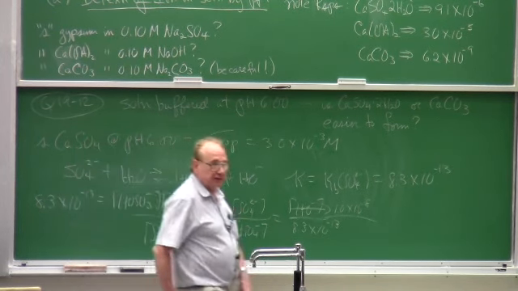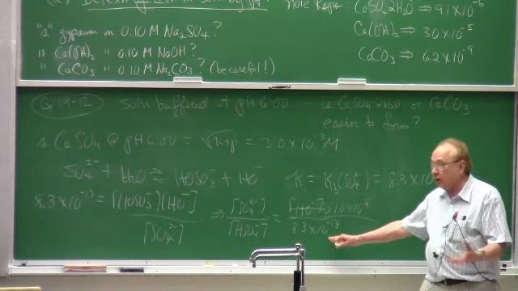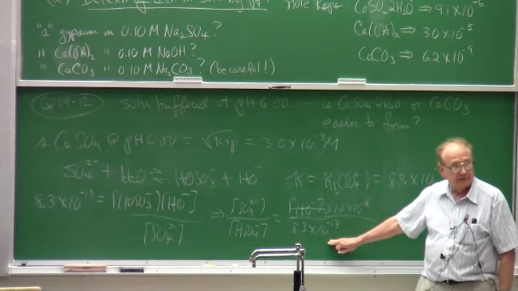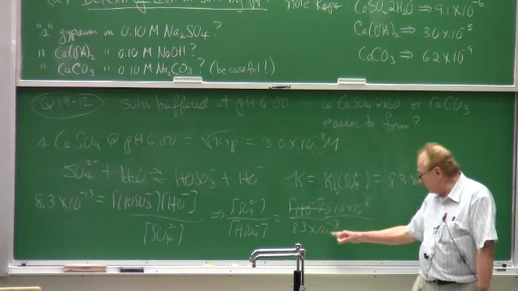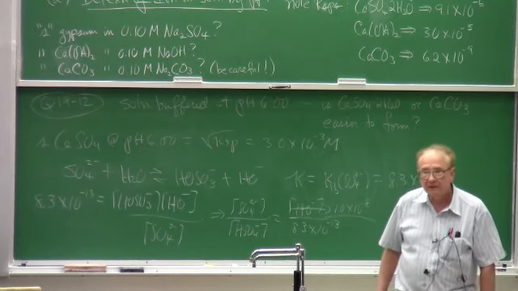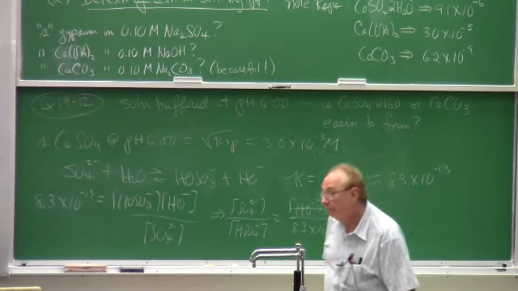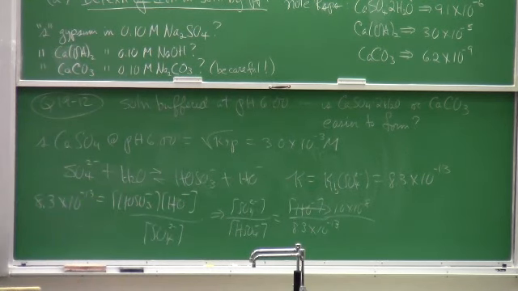Well, let's gee whiz it. Instead of 8.3 times 10 to the minus 13, let's just call it 10 to the minus 12. Fair enough? Okay? This is kind of close to 10. So we'll call this 10 to the minus 12. What's 10 to the minus 8 divided by 10 to the minus 12? 10 to the fourth. A mere 10,000.